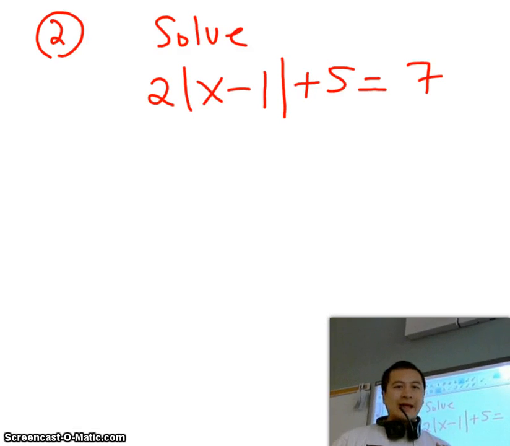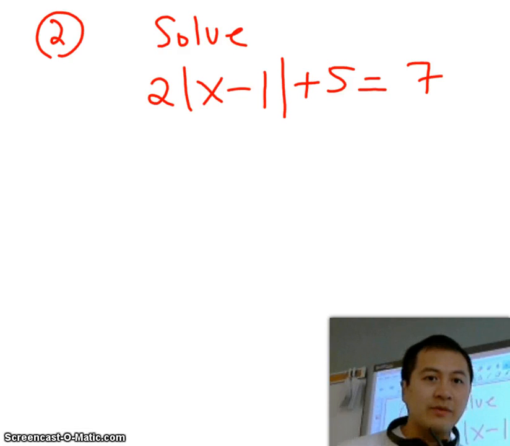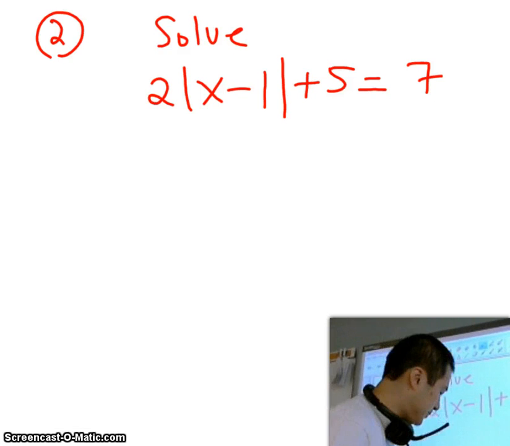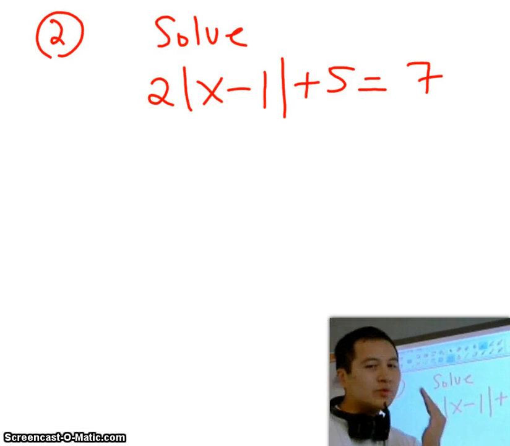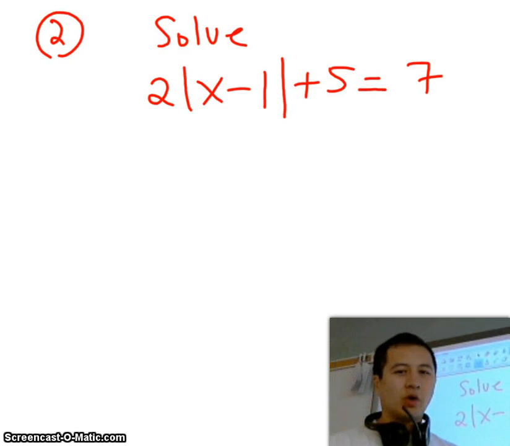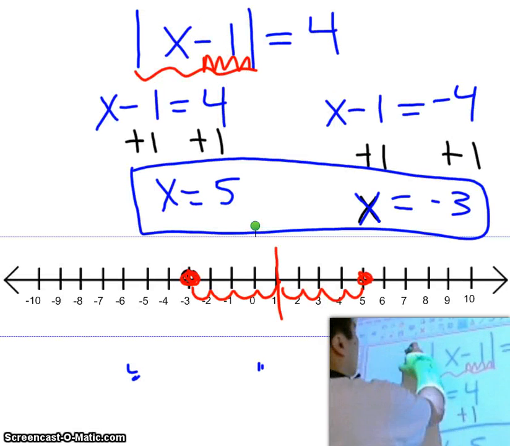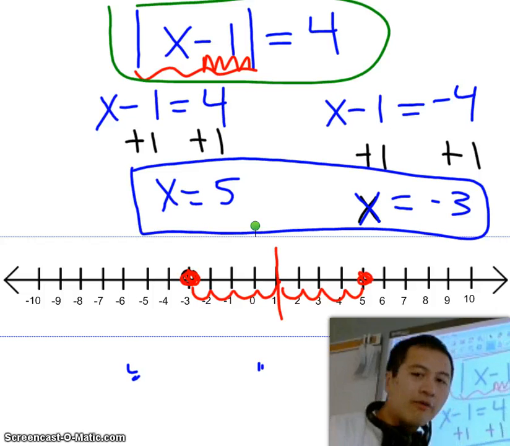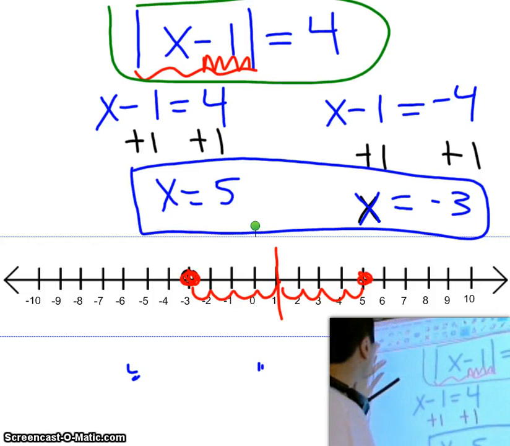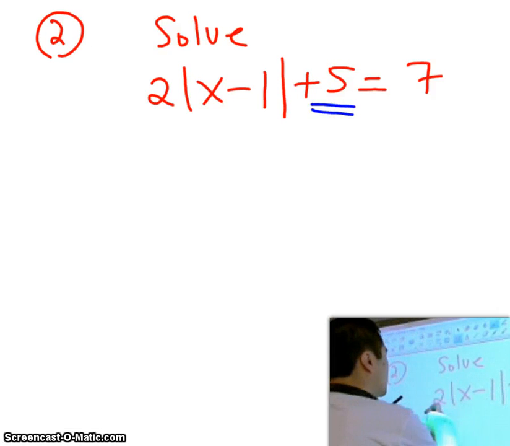Same thing as before, but now we have other stuff in there. So we have to simplify everything before you even start solving this problem. To split it into two equations, you need to get rid of everything else that doesn't look normal. You want absolute value by itself, everything else on the other side. This doesn't have that. You have a 5 here and a 2 here.